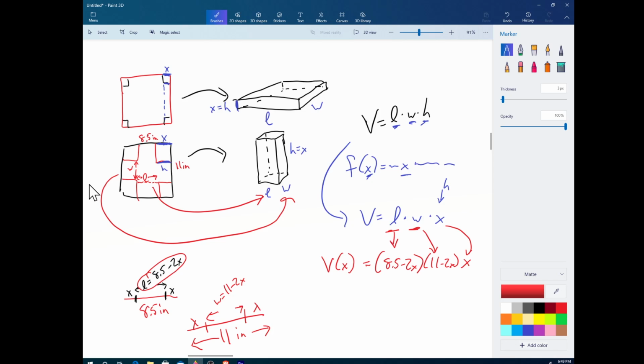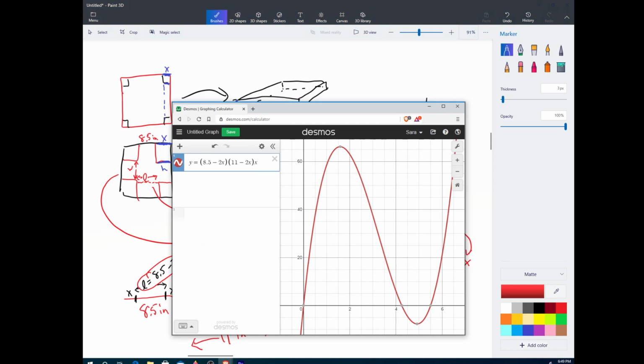It can be in terms of any letter you want, but you want it to be in terms of one letter, not 3, because things like Desmos prefer to have one variable. If I were to type in v equals length times width times height, Desmos doesn't know what to do with that.